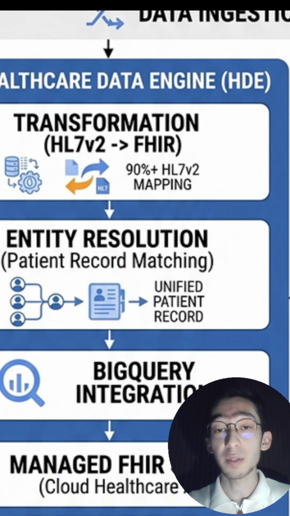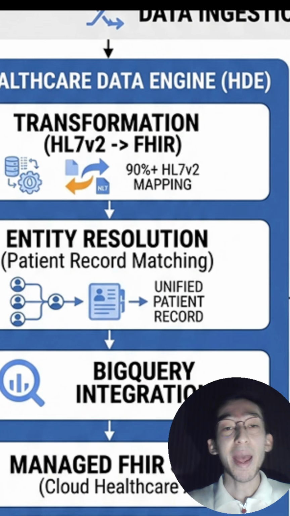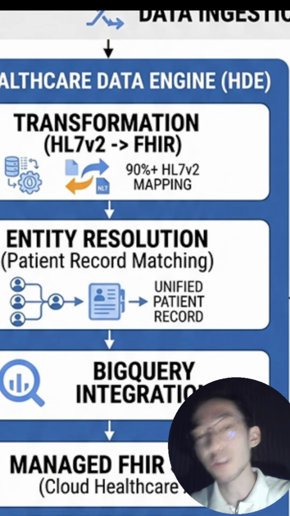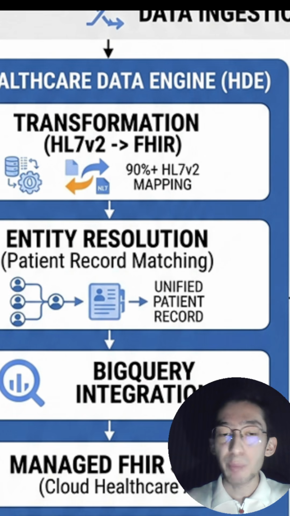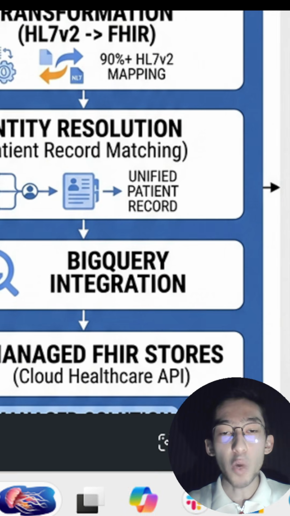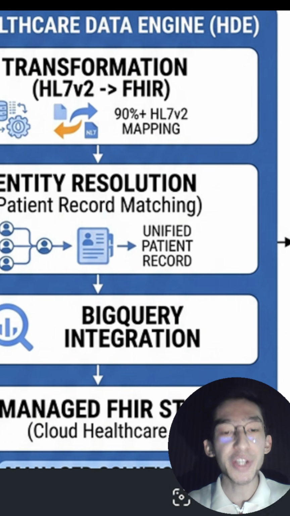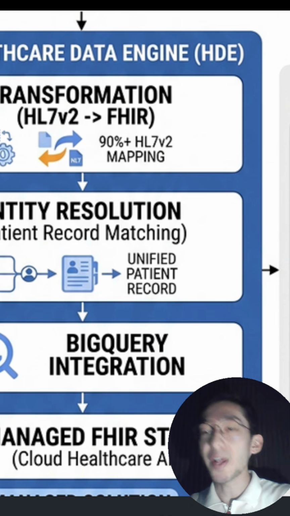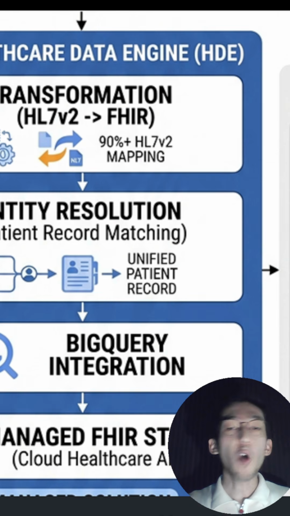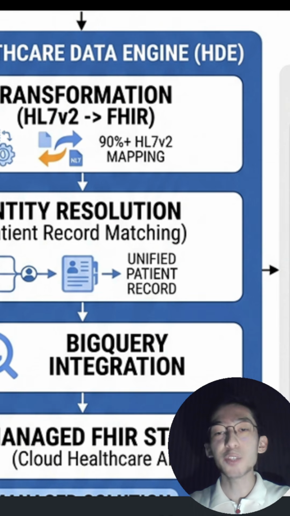It says that 90% of HL7v2 format data, medical data, can be transformed to FHIR data and can process and prepare data for BigQuery because it has BigQuery integration. So Healthcare Data Engine is built on top of Healthcare API and automates, and it's an end-to-end, ready-to-use pipeline solution.